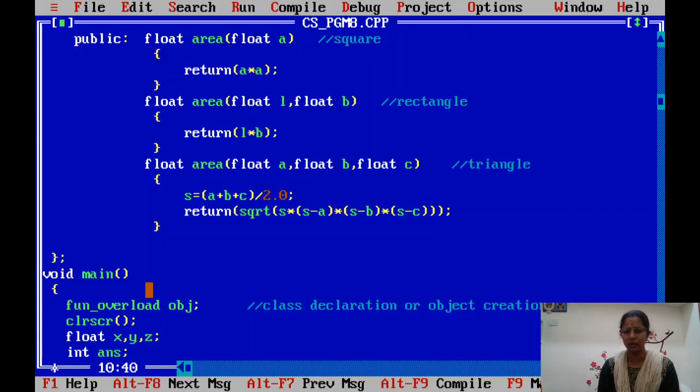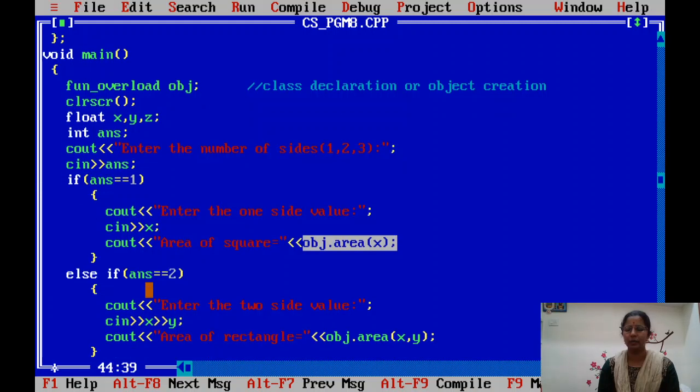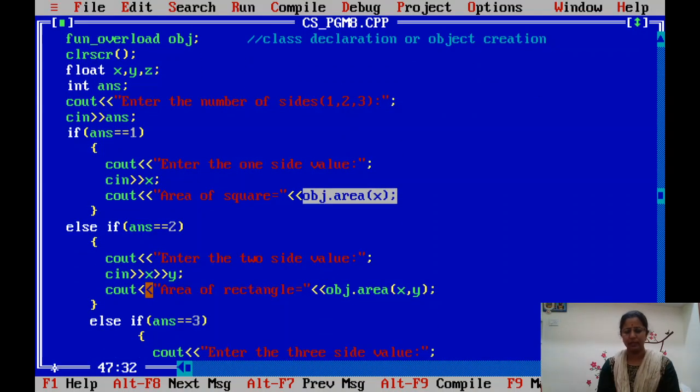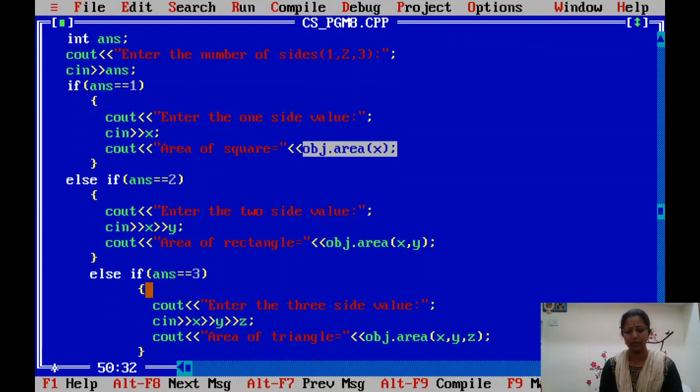Is it a 2-argument function? No, it is not a 2-argument function. Then control will come here. Control will copy the x value into L and the y value into B. Depending on that, the value will be calculated and displayed in front of the area of rectangle. Suppose your answer is 3, then how many values should you give? Yes, 3 different sides you should give. So 3 values you should give.